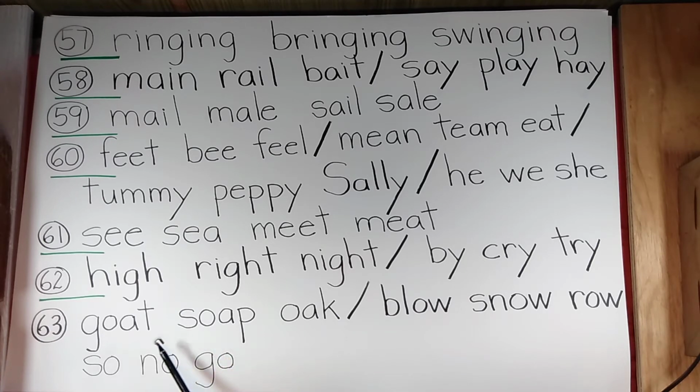We've got 3 different sections because the long O sound can be formed with an OA combination, as in goat, or sometimes with an OW combination, like in blow. And if O is at the end of a very short word, it can also sound like a long O. So, no, go.